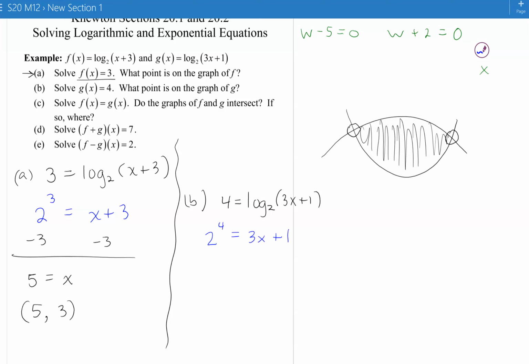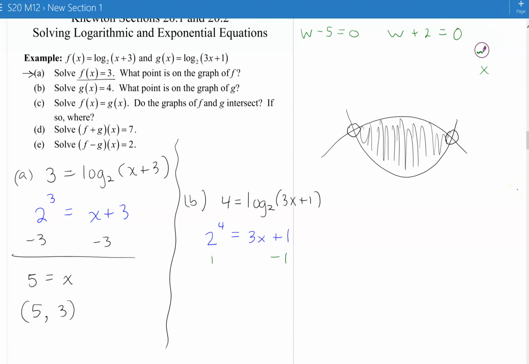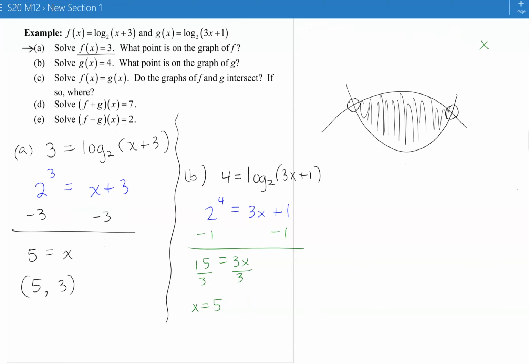And 2 to the 4 is 16. So when I subtract 1 from each side, I'm going to have 15 equals 3x, and x equals 5. Interesting. So the point (5, 4) is a point on the graph of g.